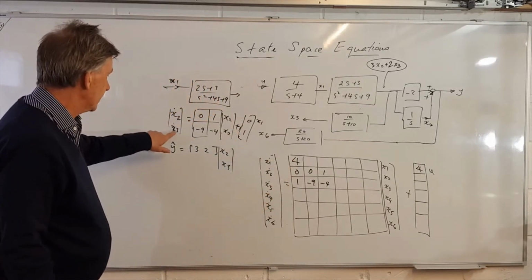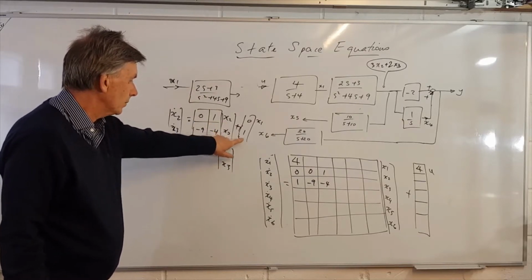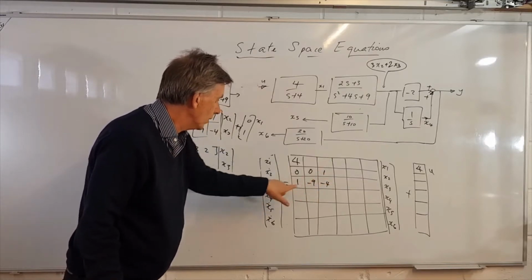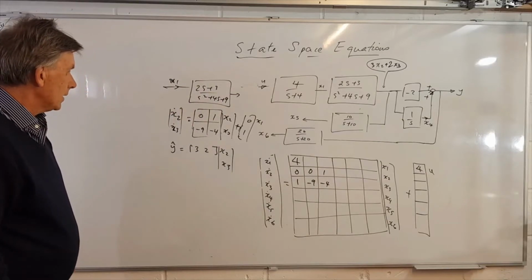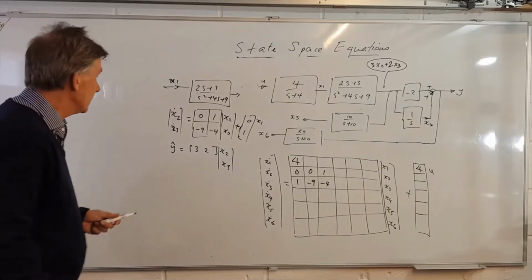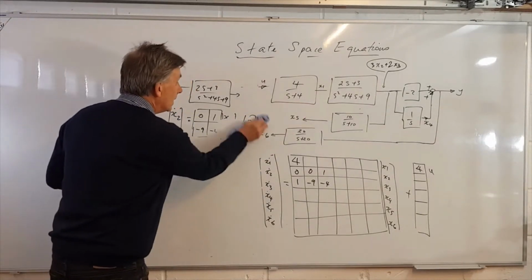If you look at x3 dot, it's minus 9 x2, minus 4 x3 plus x1, so x3 dot is minus 9, minus 4 and 1 on x1. So there's that one done. That was quite straightforward. This could be second order or third order, could be any size.